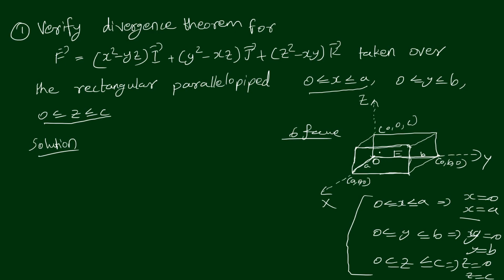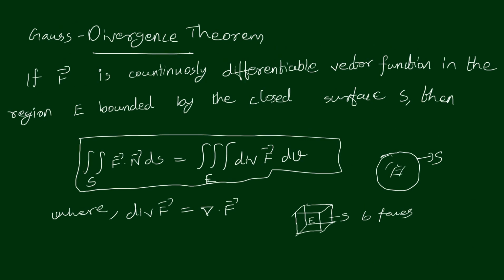So the question is to verify the Gauss divergence theorem. Verifying means you need to separately find the left hand side and the right hand side of the theorem.